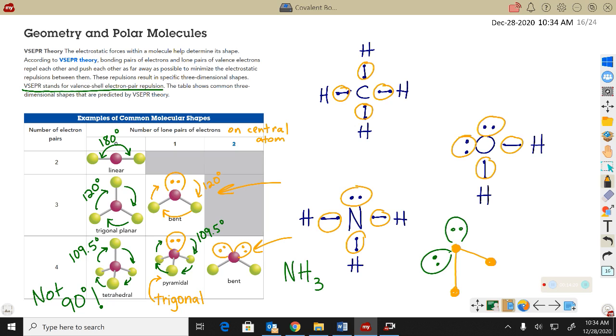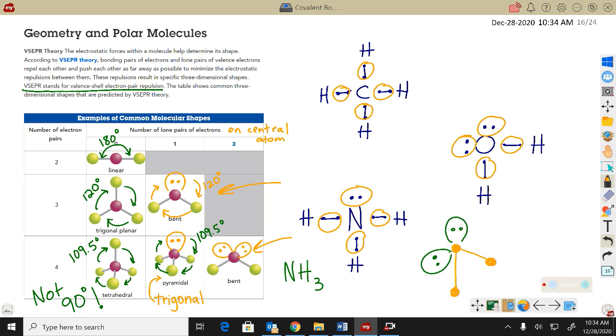So anytime you have 2 atoms, but either 1 or 2 extra electron pairs, those lone pairs, it changes the shape from being linear to bent, because it provides another region of repulsion. And those electron groups are going to repel and orient themselves as far apart as possible, even if it's not a bonding electron group.